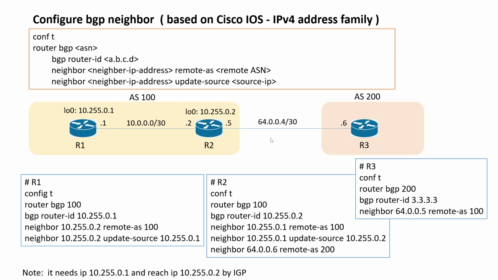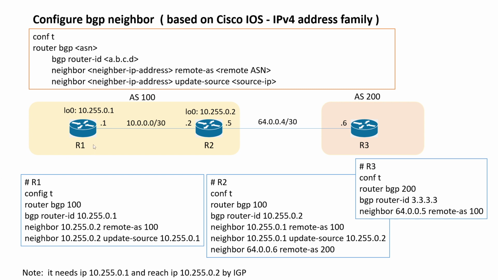That is the peer IP, the .5 here. The remote AS from R3's perspective is AS100, so put 100. As I do this, the R2 and R3 eBGP is built.